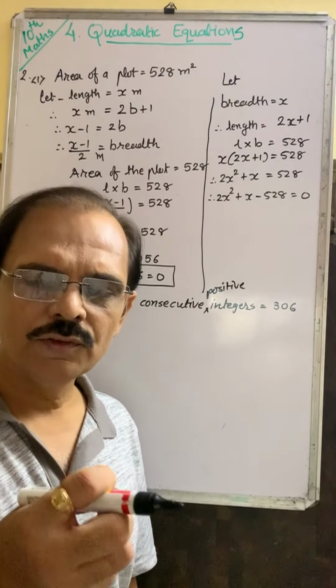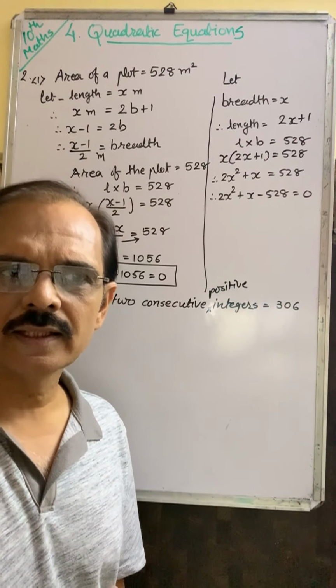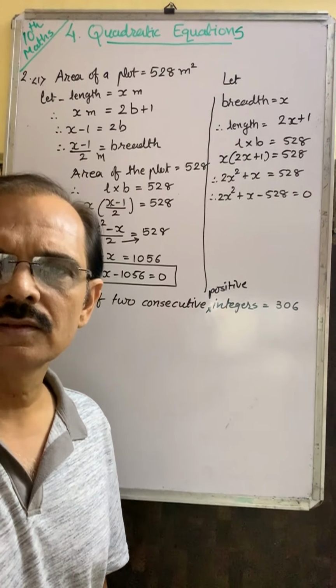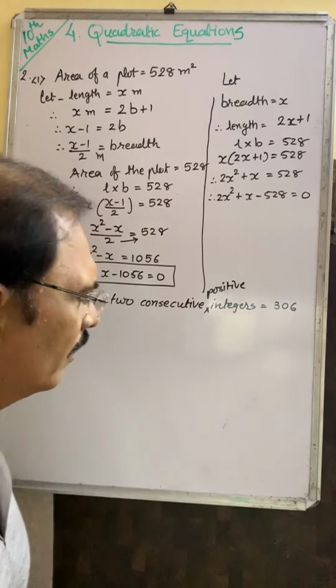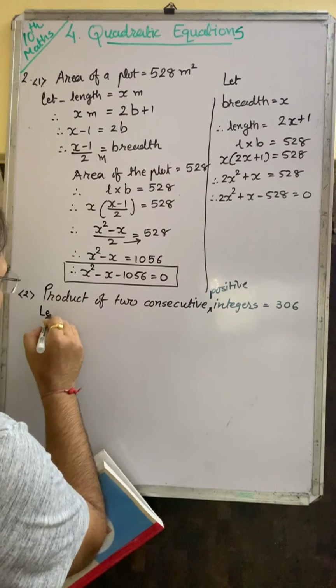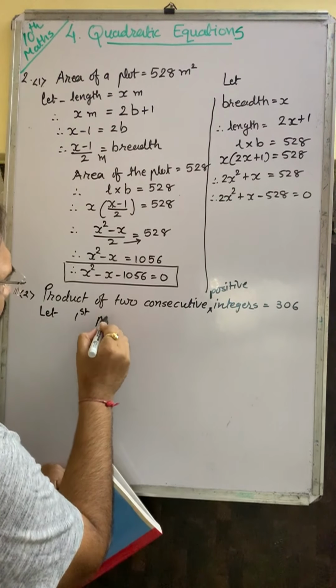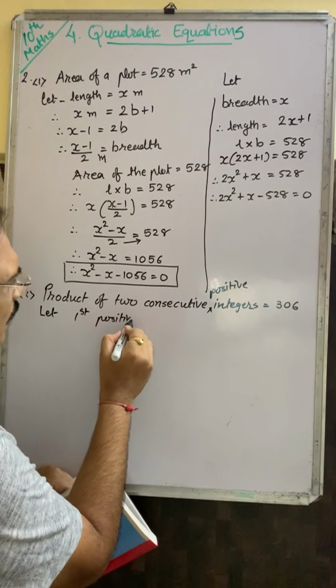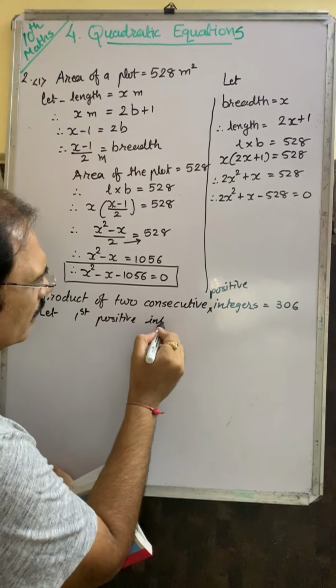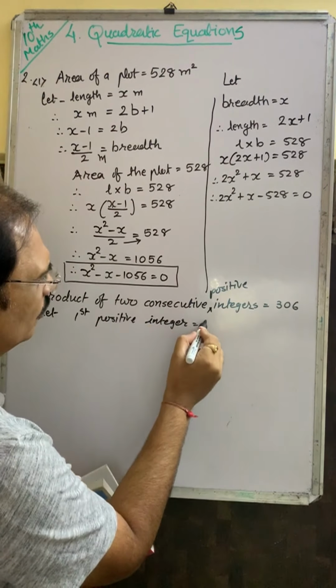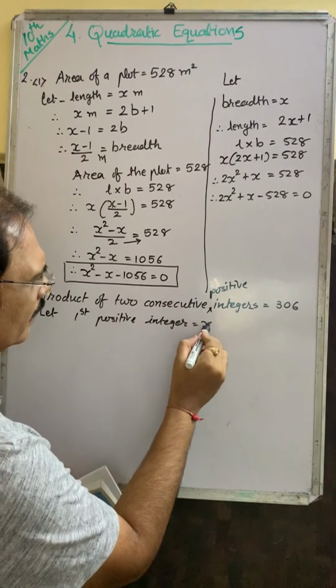You know that consecutive term means what? If you suppose one term is x, then the second term should be x plus 1 more. So let the first positive integer be x.